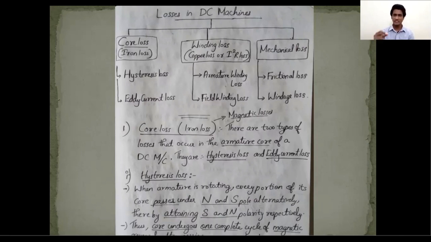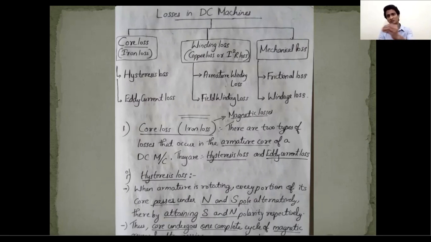As we know, in DC machines our armature rotates. Whenever my armature is rotating, every portion of its armature core passes under the north and south poles alternately, thereby attaining south and north polarity respectively. When it passes through the north pole, a south pole will be developed in the armature core.